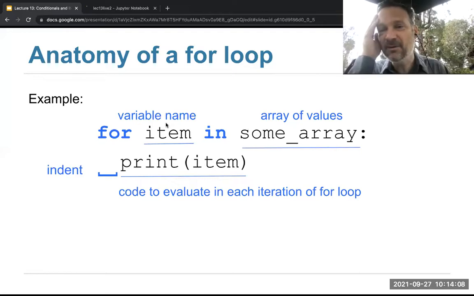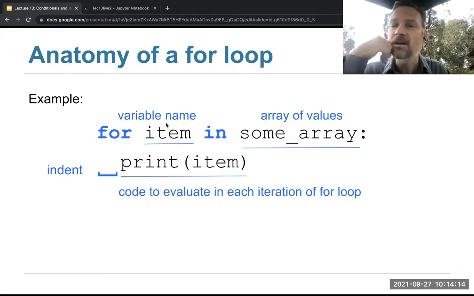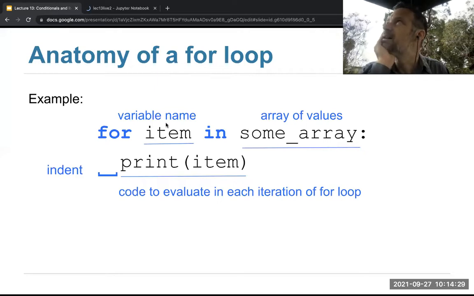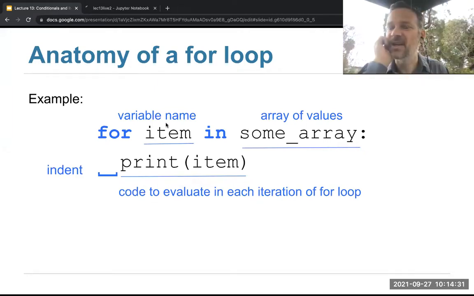Question, how is this different from apply? Very similar. They're closely related. Apply also lets you do something for each element in a column of a table, and the something is specified as a function.